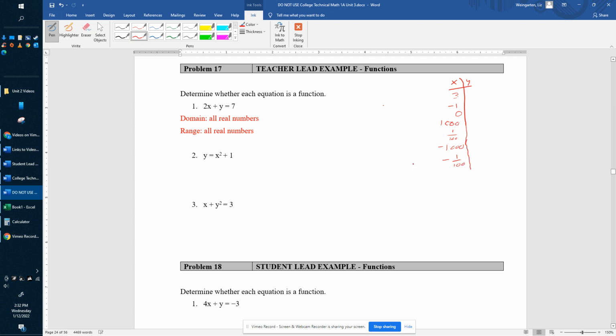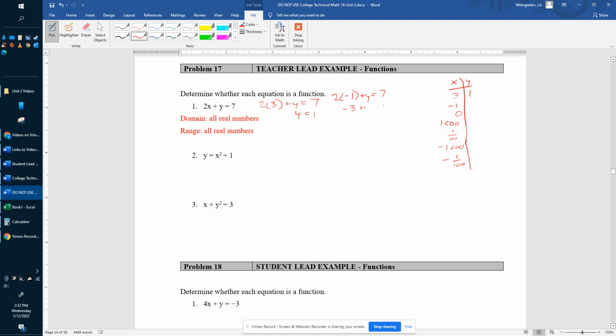Let's see what we get. Put 3 in for x, we get 2 times 3 plus y equals 7. This is 6. Subtract 6 from both sides, we get y equals 1. Negative 1 times 2 plus y equals 7.